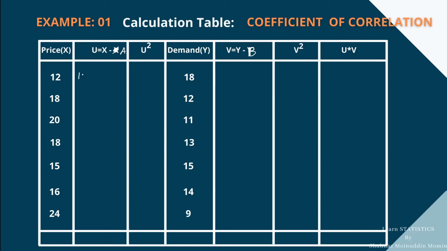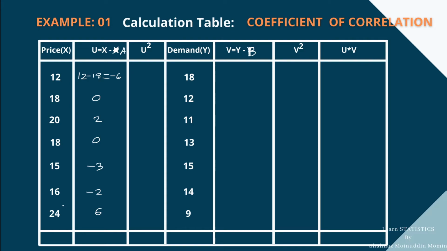So 12 minus 18 is equal to minus 6. 18 minus 18 is 0. Likewise, 2, 0, minus 3, minus 2 and 6. These are the values of u after subtracting a equal to 18 from the value of x.